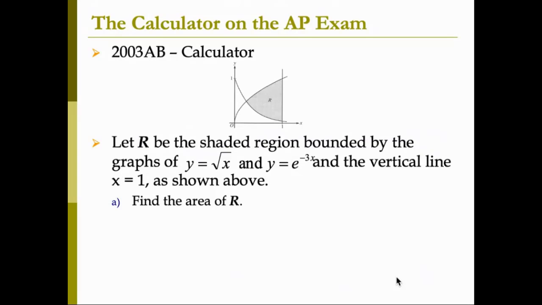Okay, so here's another question. It says, let R be the shaded region between these 2 graphs, okay? So how do we find the area in between 2 curves? The area between 2 curves is the area underneath this top curve. I have to find the area under that curve, and I'm going to subtract the area underneath the second curve.